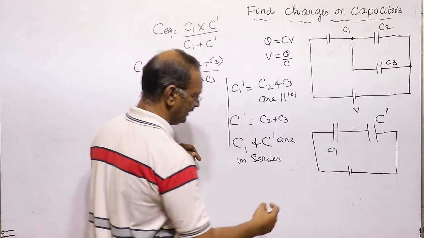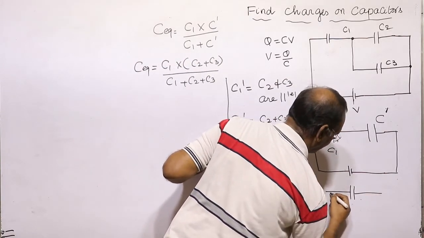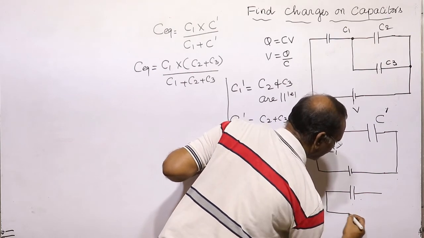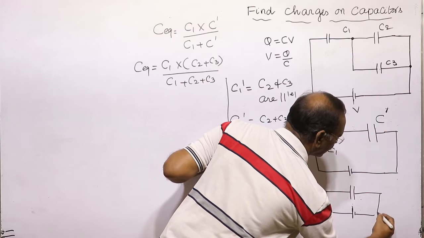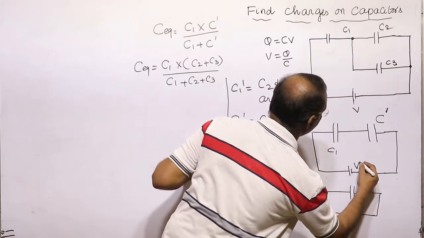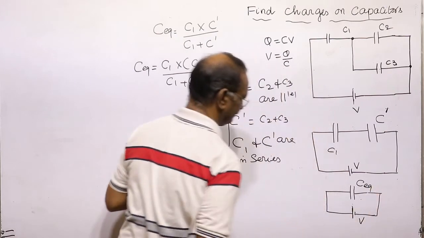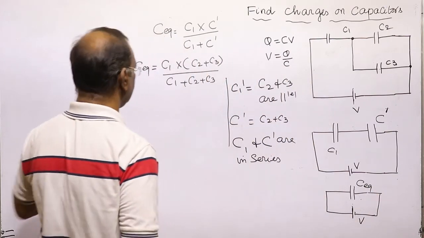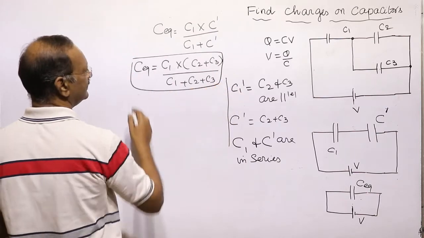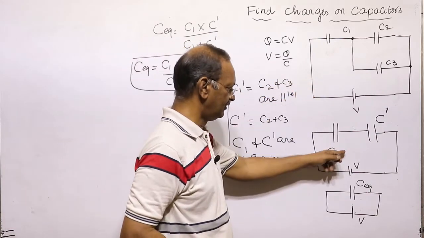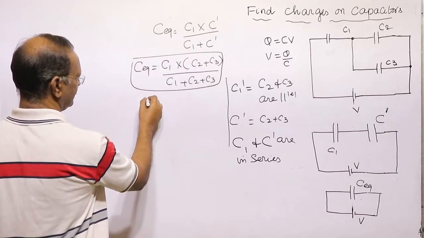So C equivalent we can draw like this. This is V, this is V, this is C equivalent. So this circuit is converted like this. Now let us find out the charge.